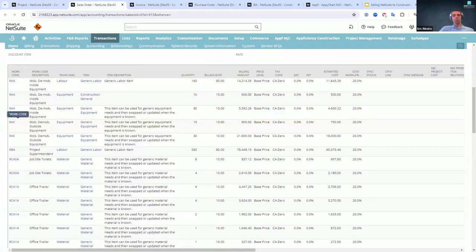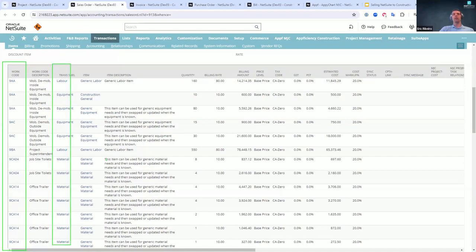And so we can see we can break down these estimates or budgets at different levels, depending on the requirements of the customer. Again, we see that common theme, work codes, and cost types. We can also break it down by item. But depending on the type of customer we're working with, the item doesn't matter as much.